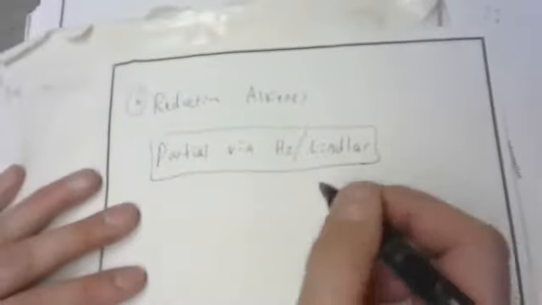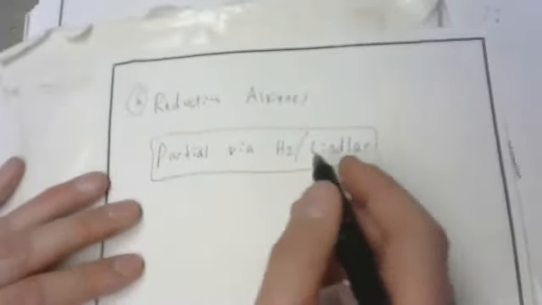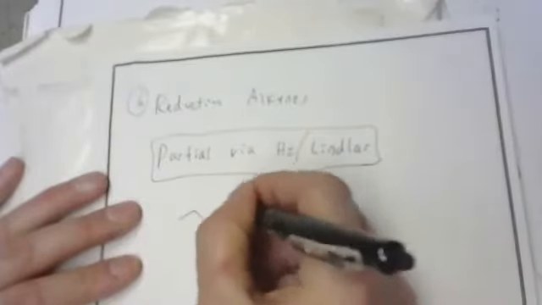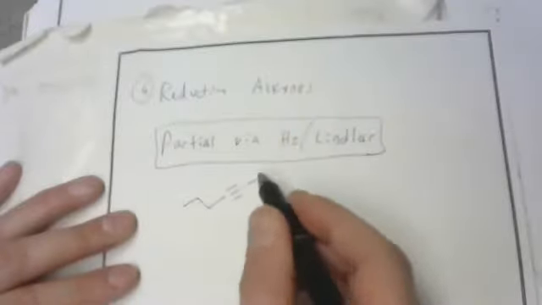Okay, and so what is H2 Lindlar and what does it do? So I'll draw the reaction and we'll talk about what is in the Lindlar mixture. But let's just do our same old 6-carbon alkyne. 1, 2, 3, 4, 5, 6.